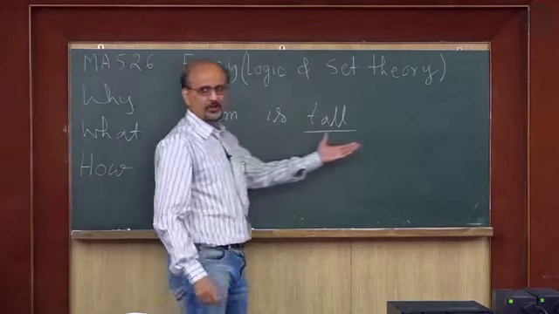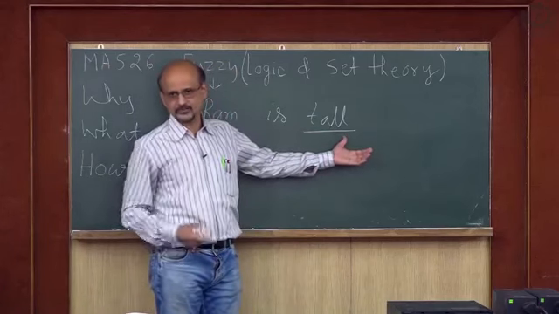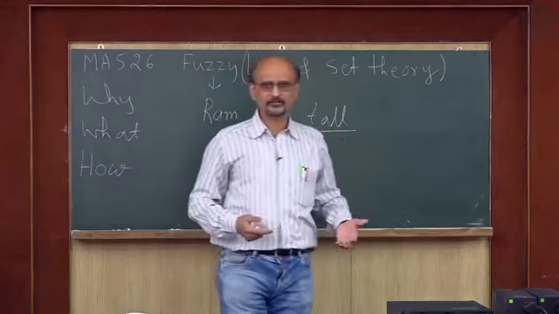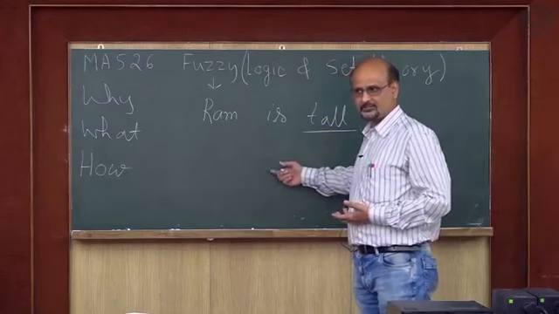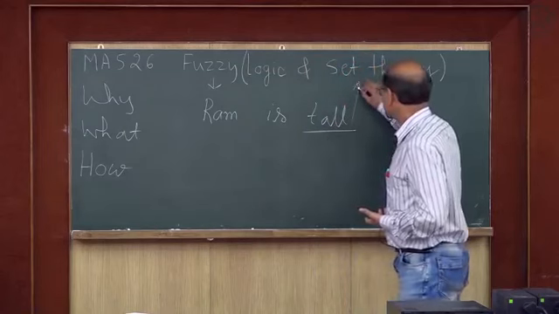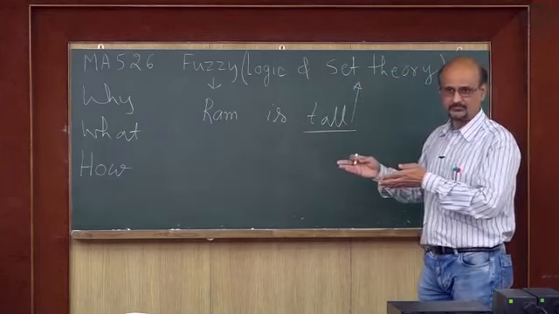So what do you mean by that tall? How do you define that tall? I can define it that above 6 feet is tall, but somebody can define no, it is 5.5 feet. If it is above that, then it is tall. So that means tall, for this crisp set theory that you know till now, has a fixed value.